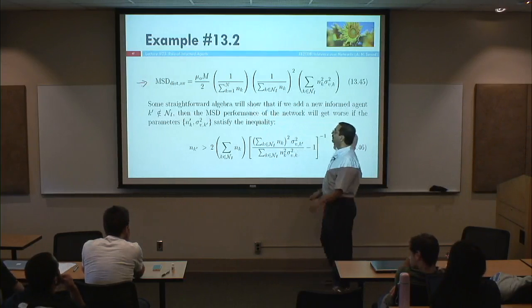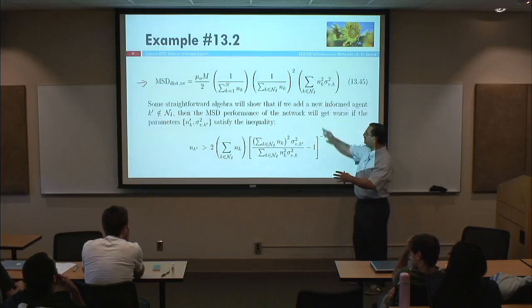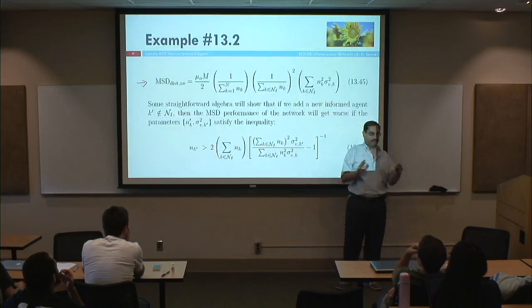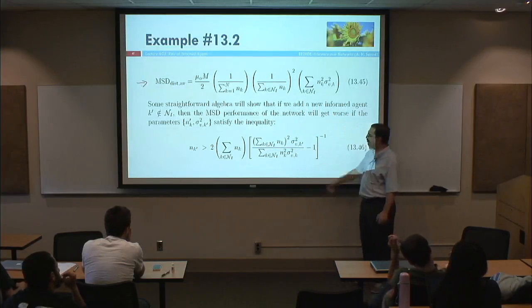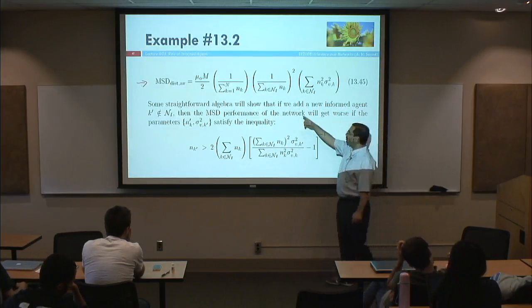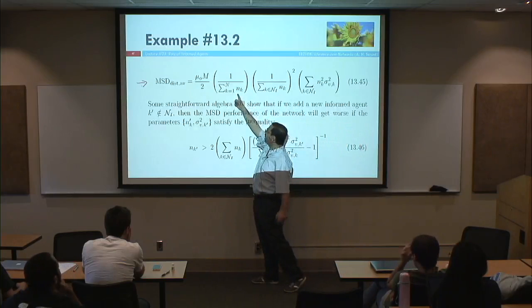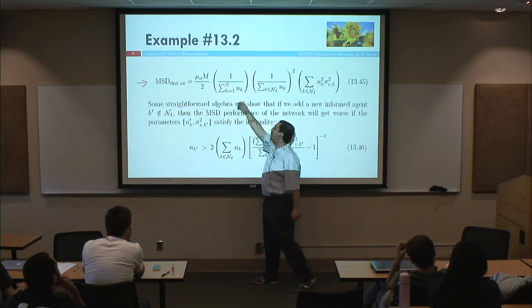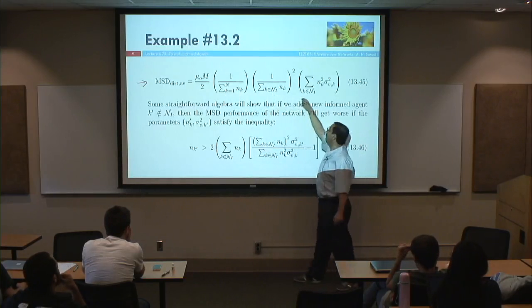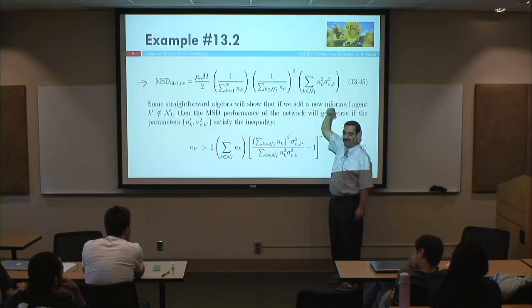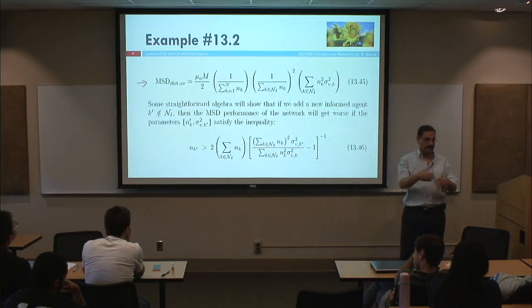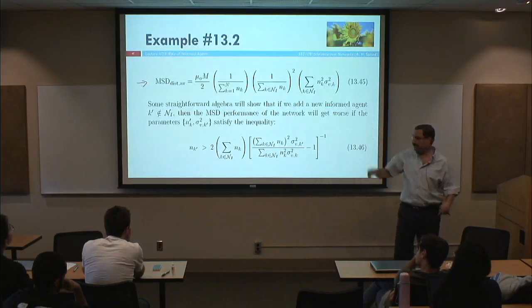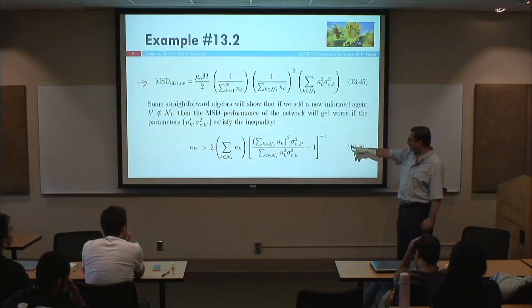Now, in one state I have a collection of informed agents. In another state I will add one or two more informed agents. So let's add one more informed agent. Assume I add one more informed agent. This part doesn't change. This part changes, correct? And now I ask the question, what condition should this new agent have for the new MSD to be worse than this MSD? If you do that algebra, you get this expression.